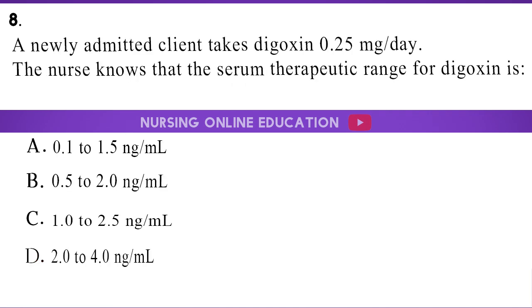8. A newly admitted client takes digoxin 0.25 mg per day. The nurse knows that the serum therapeutic range for digoxin is: A. 0.1 to 1.5 nanograms per milliliter, B. 0.5 to 2.0 nanograms per milliliter, C. 1 to 2.5 nanograms per milliliter, D. 2.0 to 4.0 nanograms per milliliter.